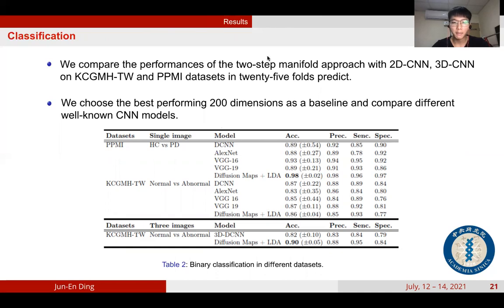The M-L method generally achieves the best performance on the 2 datasets with single and 3 image types. Compared with our approach, 2D CNN often has better prediction than 3D CNN, such as VGG16 in PPMI at 93% and the DCN in KCGMH-TW with a single image at 87%, but also has high variability.